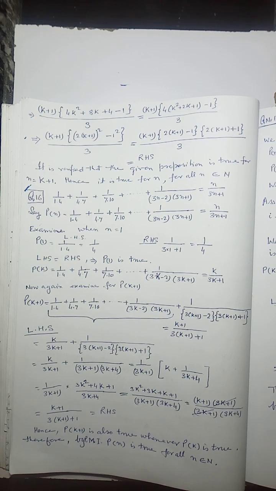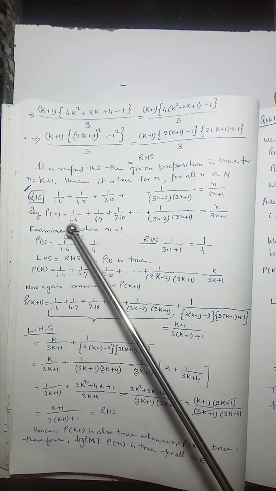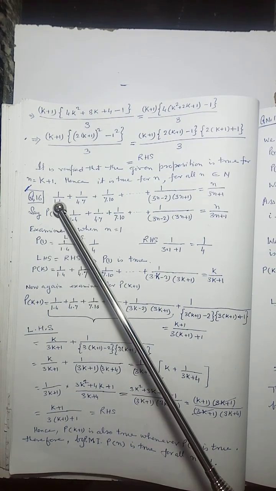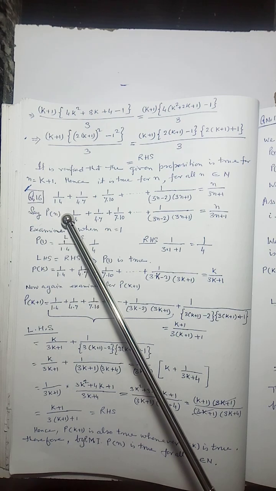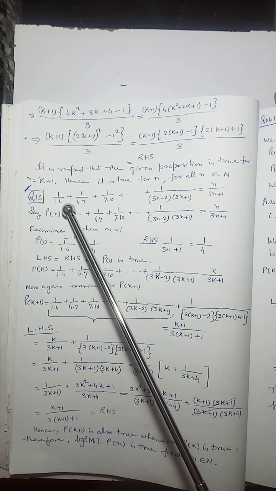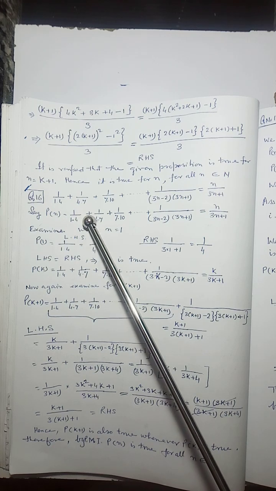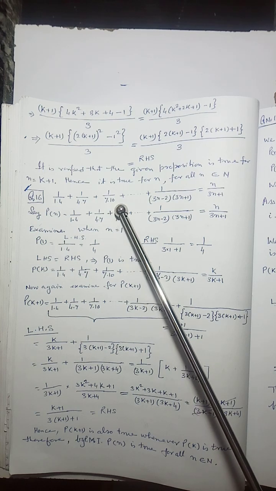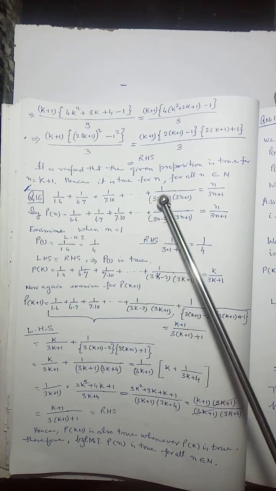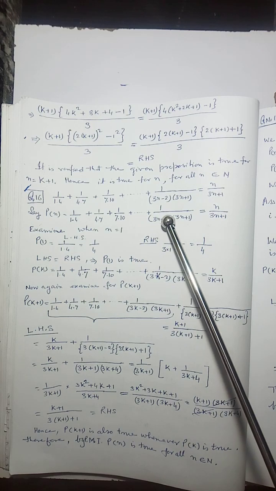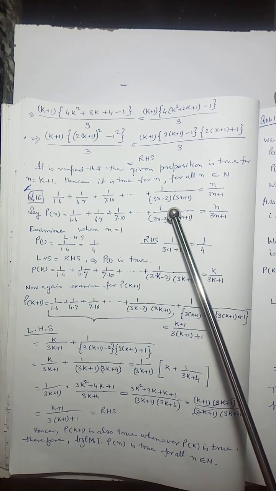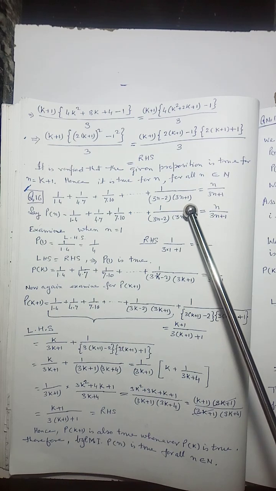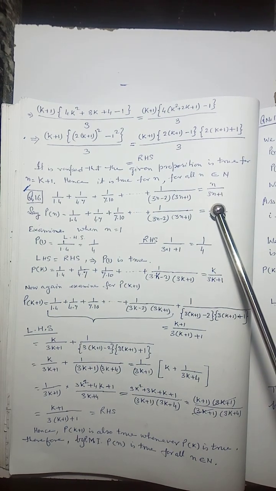Question number 16: 1 upon 1·4 plus 1 upon 4·7 plus 1 upon 7·10 plus ... plus 1 upon (3n minus 2)(3n plus 1) is equal to n upon 3n plus 1.